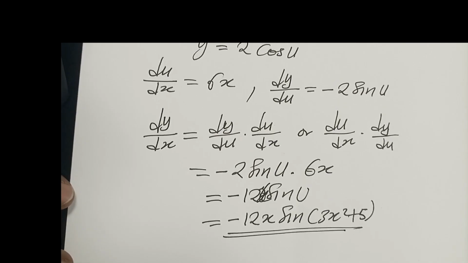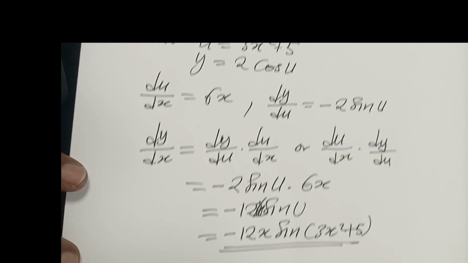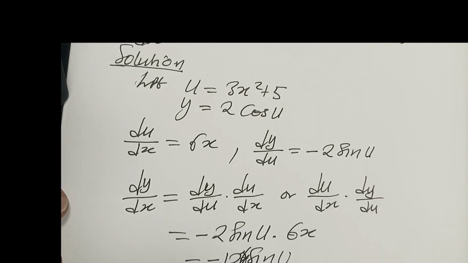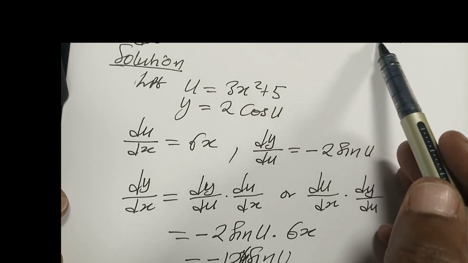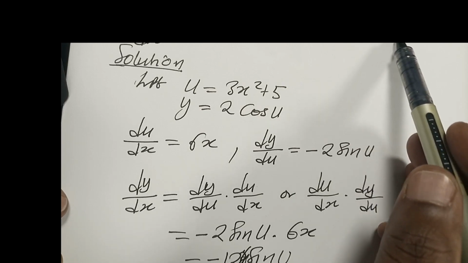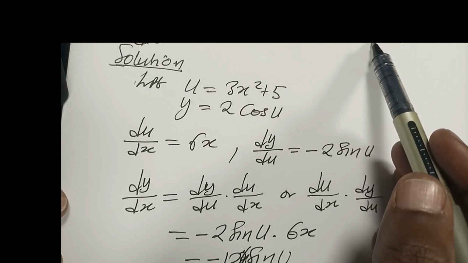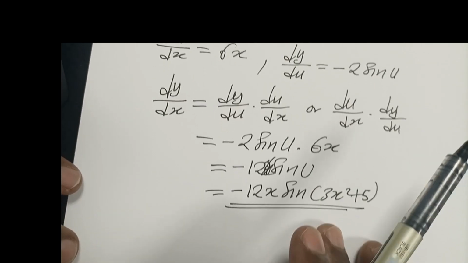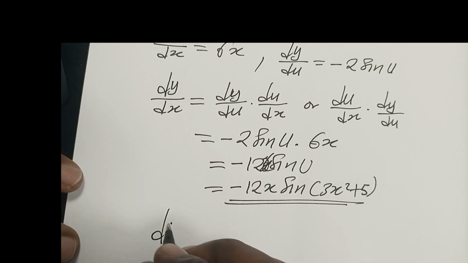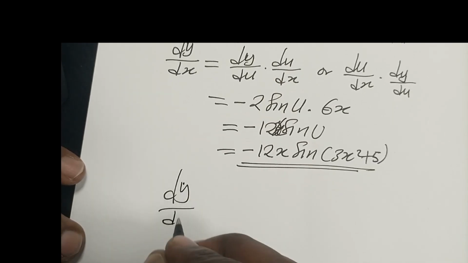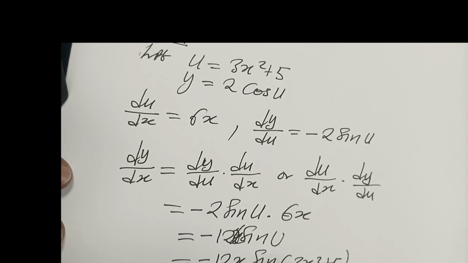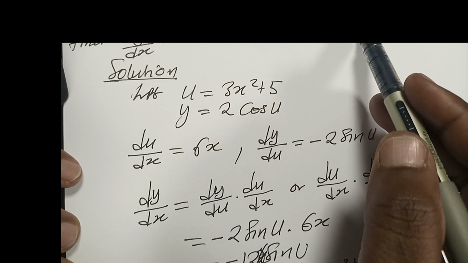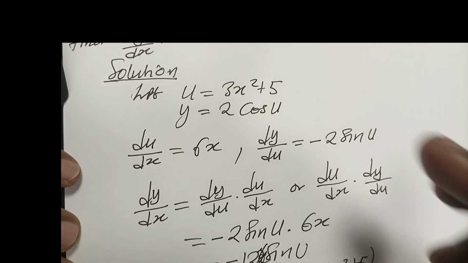But from this, you can quickly learn that when you're finding the derivative of a trig function with a function inside, what you do is you simply differentiate what is inside, what is contained in the trig function, then multiply it by the coefficient here. So to find dy/dx, you just differentiate what is inside here, which is going to give you 6x times the coefficient.